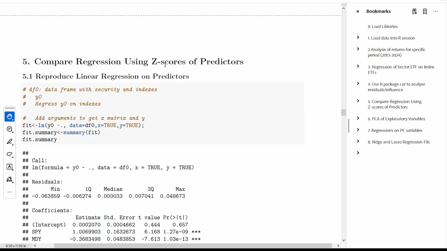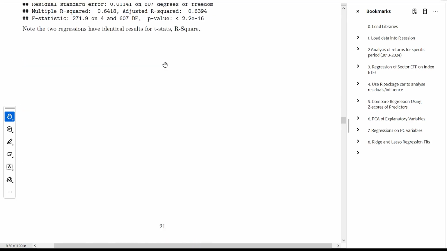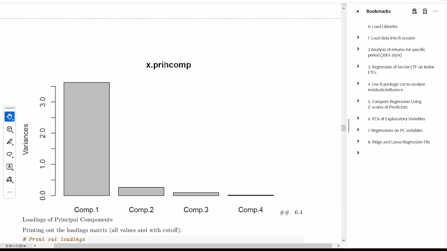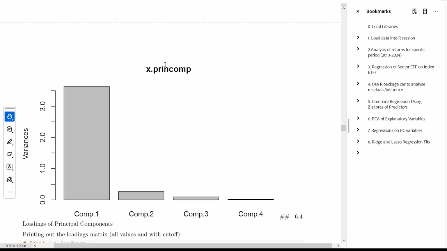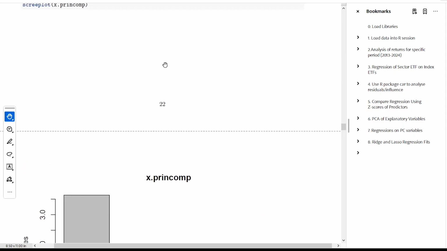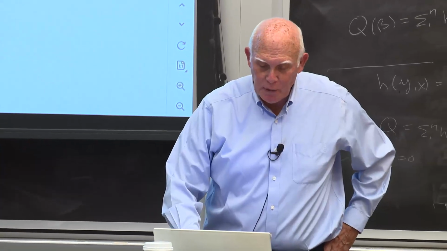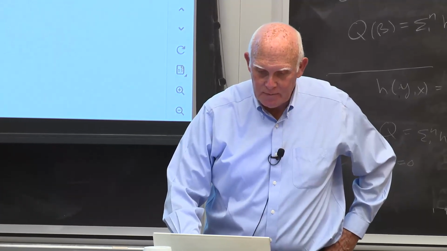But we can also model the independent variables, or do a principal components analysis of those.